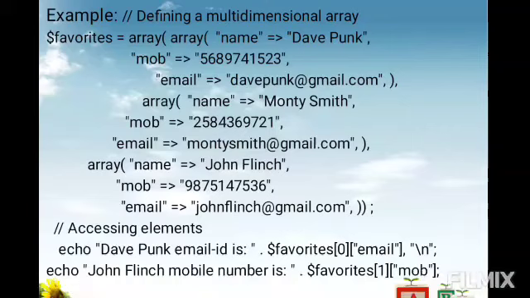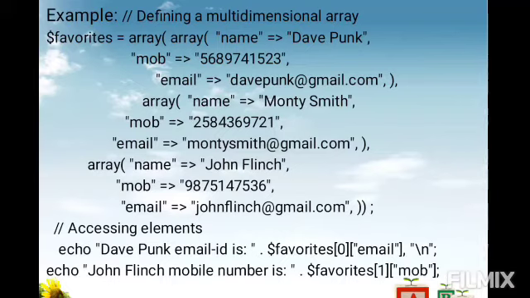To access an element in a multi-dimensional array, $favorite of 0 email will print Devpunk's email address, and $favorite of 1 mobile will print John Flitch's mobile number.